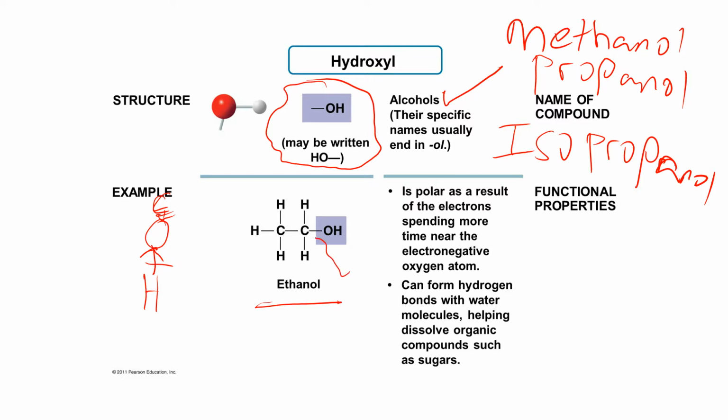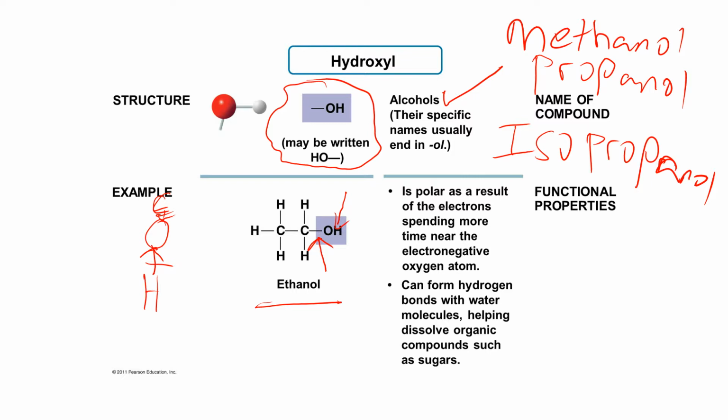basically the covalent bond, all right, that joins together the carbon and the oxygen atom here is a polar covalent bond, and then the covalent bond that joins the oxygen and hydrogen is also polar.